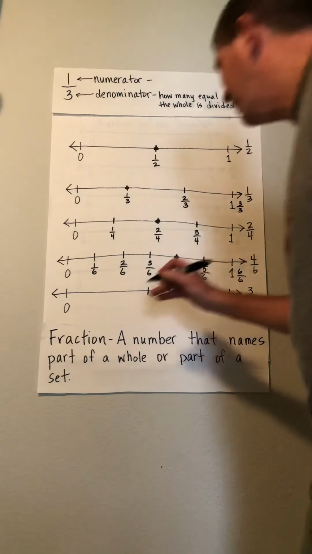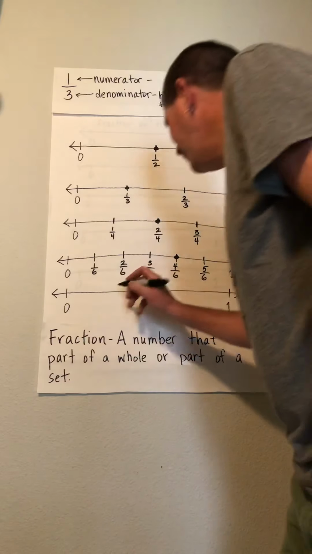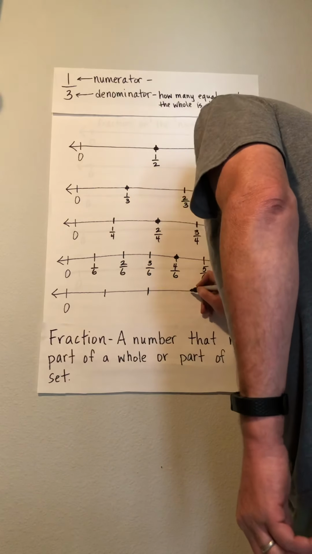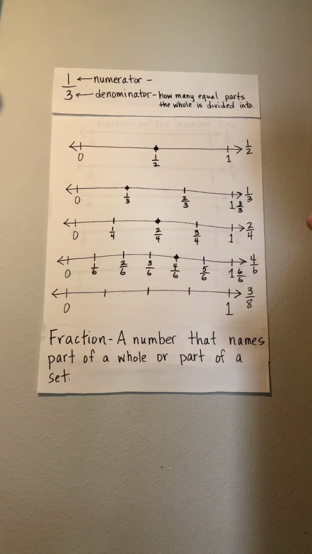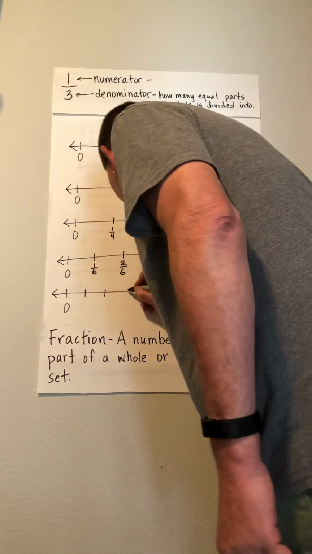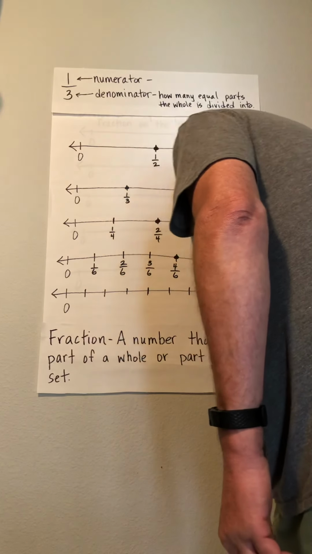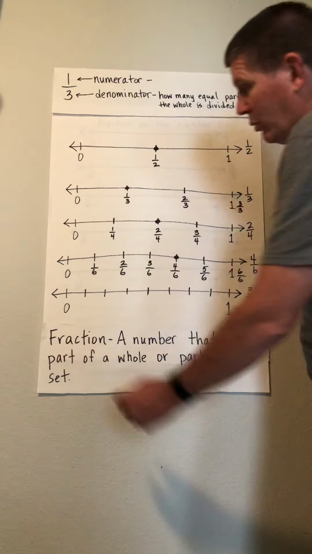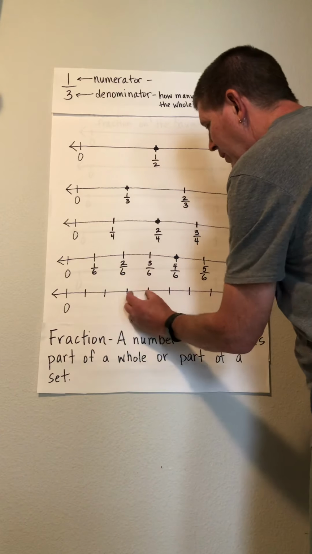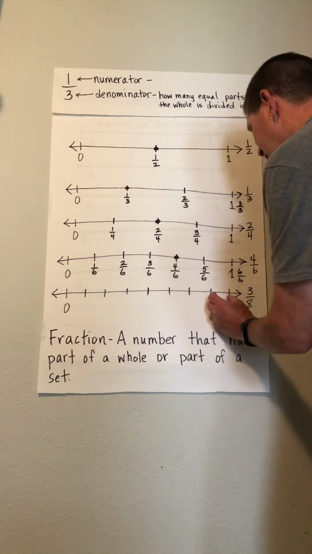Then I'm going to take the 2 halves and cut them in half. So now I have 1, 2, 3, 4 equal sections. Then I'm going to cut each one of those up in half. So now I should have 8 equal sections. 1, 2, 3, 4, 5, 6, 7, 8.